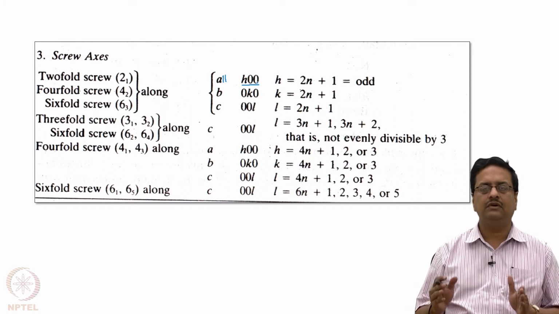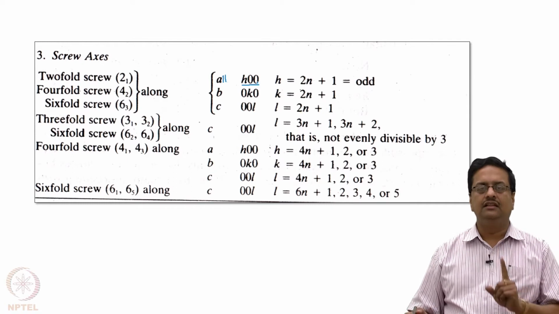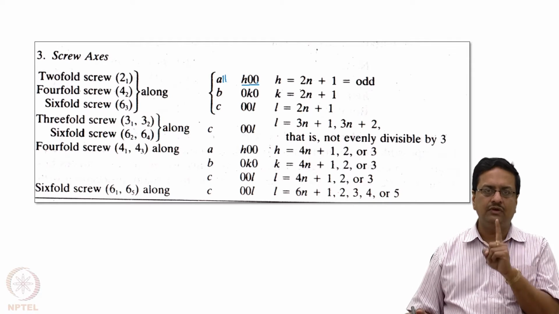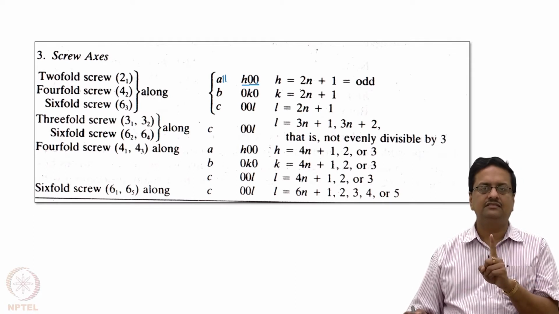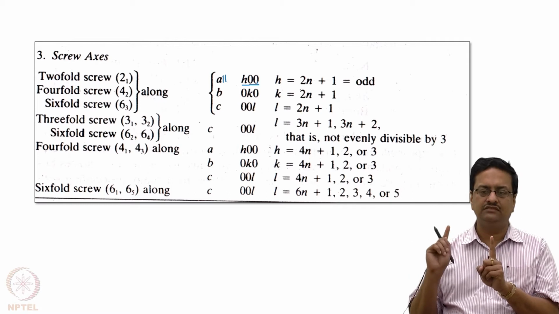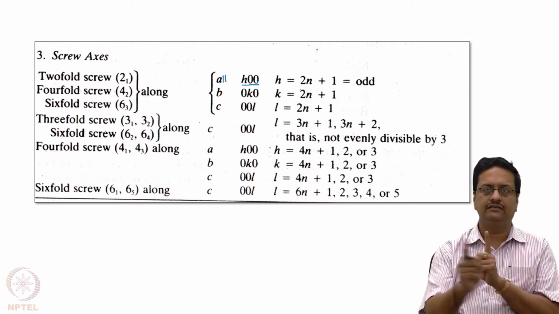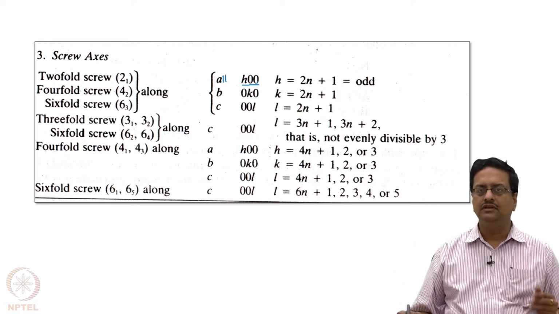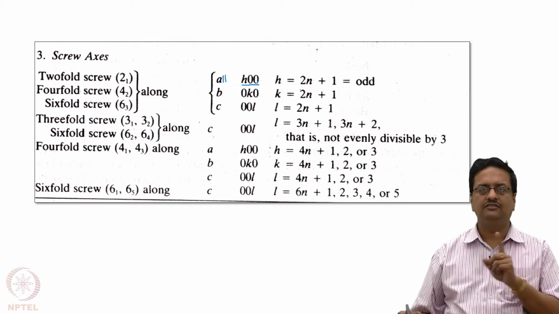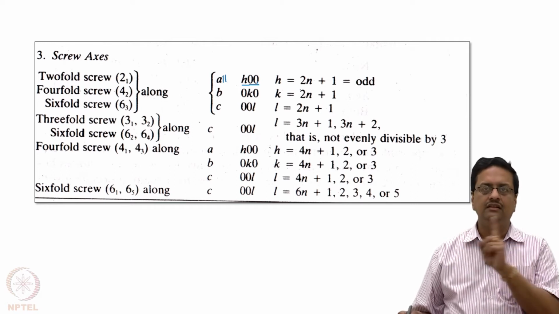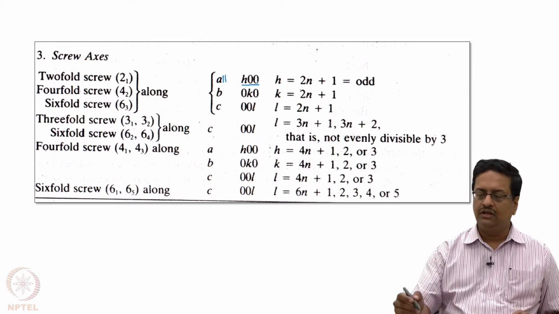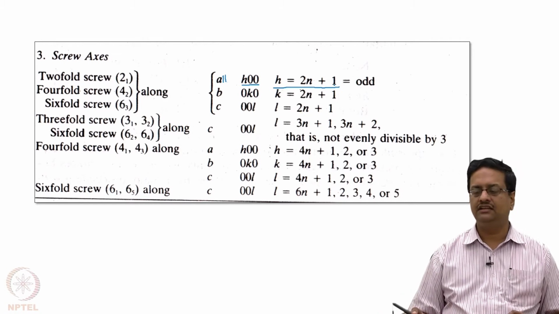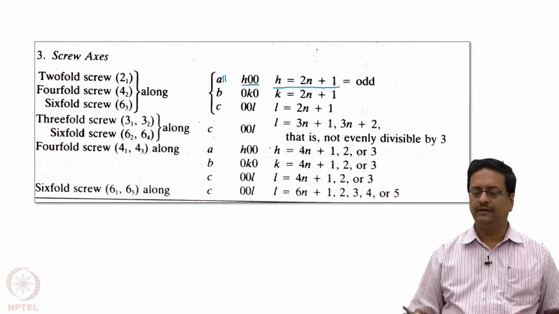Here one should remember that a screw axis is parallel to one axis, either A, B or C. If it is parallel to A, then the H index remains, and K and L become 0, because you are doing a rotation in the K and L plane, and the reciprocal lattice points with 0 K and 0 L will fall in this particular row. So, in that case, H equal to 2n plus 1 is the condition for systematic absence.